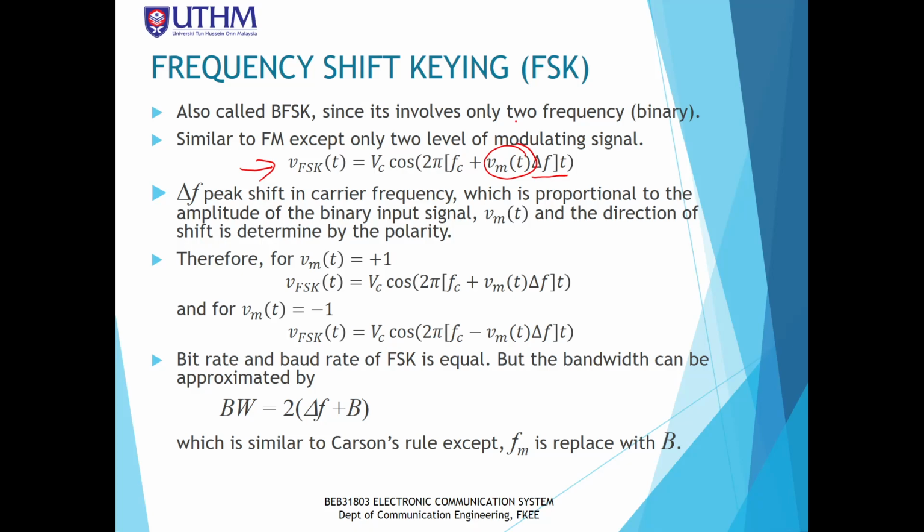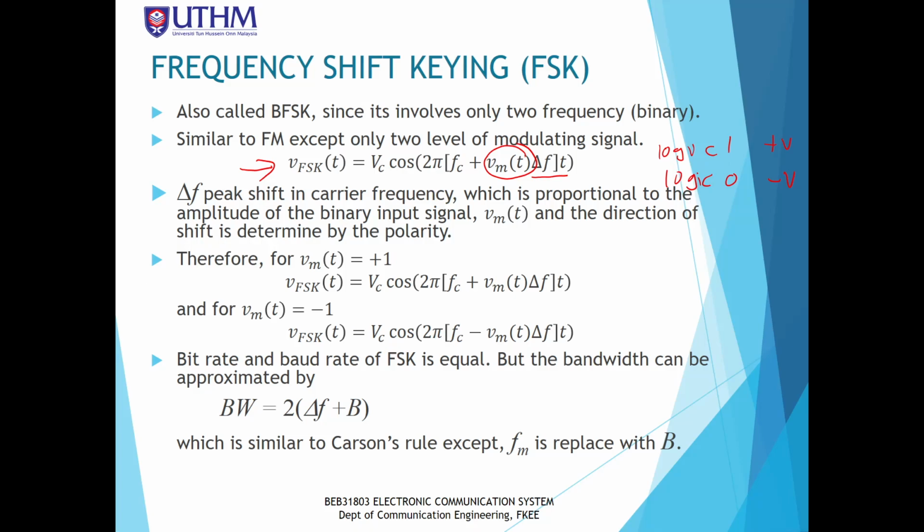Okay, vm(t) depends on the input of logic 1 and logic 0. Logic 1 will produce a positive output voltage, logic 0 will give a negative voltage. So logic 1 is represented by positive voltage, logic 0 by negative voltage. So we are actually using bipolar.